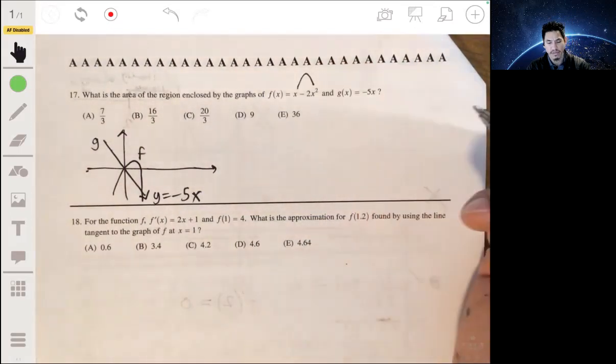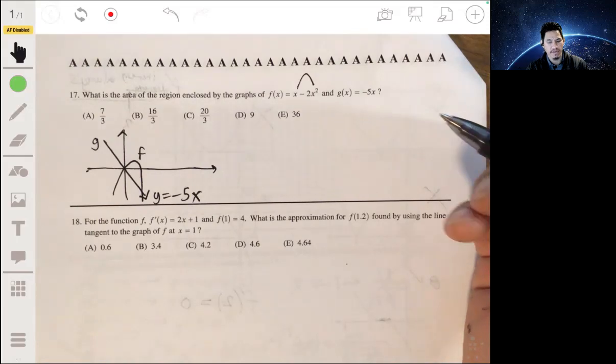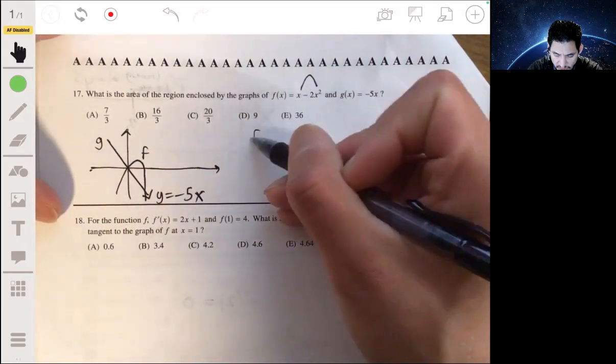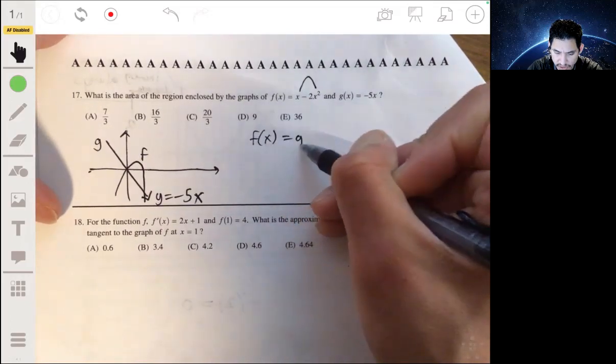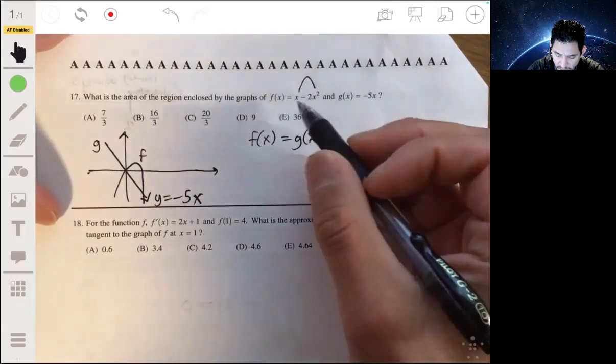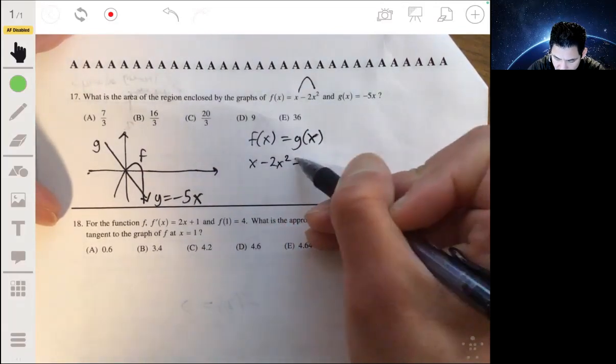Now, the key thing first is to recognize where they are going to intersect, because that'll let you know the points of integration, where to integrate from. So we set them equal to each other and solve for x.